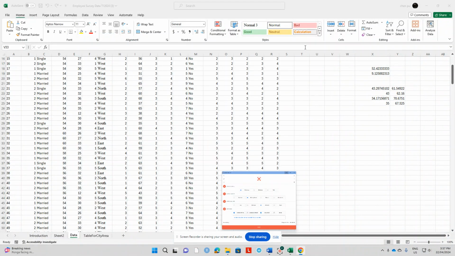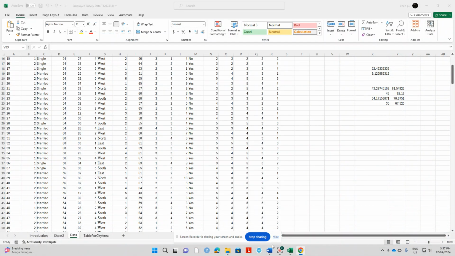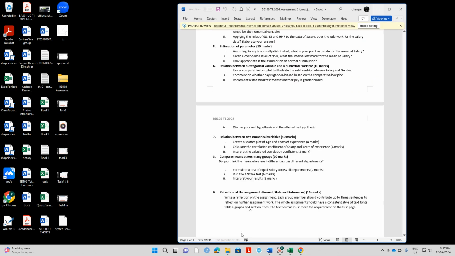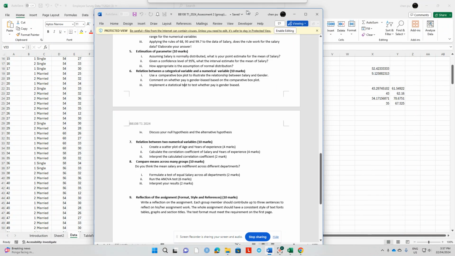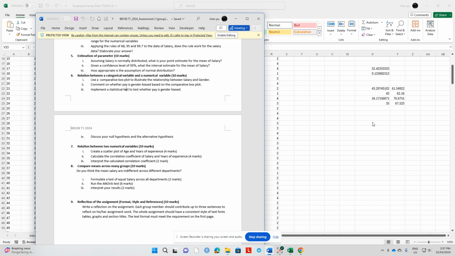Task 5 is about estimation. Let's look at the task here. Assuming salary is normally distributed, what is your point estimate of the mean of salary? In this unit, we always use the sample average to estimate the population mean.